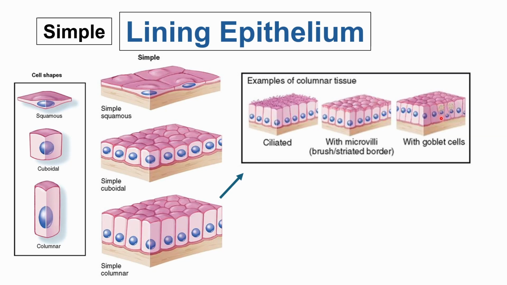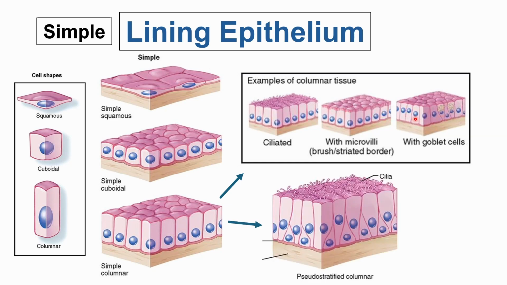Okay, so you can combine this with this, and you would have simple columnar epithelium with goblet cells and cilia, or ciliated simple columnar epithelium with goblet cells is also possible. Or you can also have simple columnar epithelium with microvilli and goblet cells. Okay, so combinations.